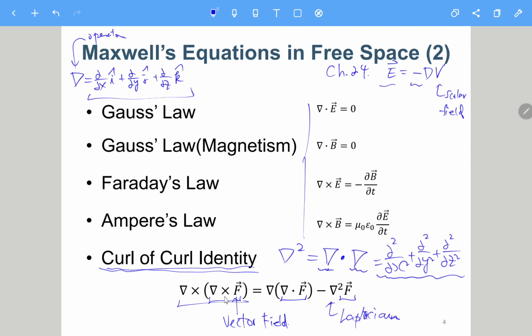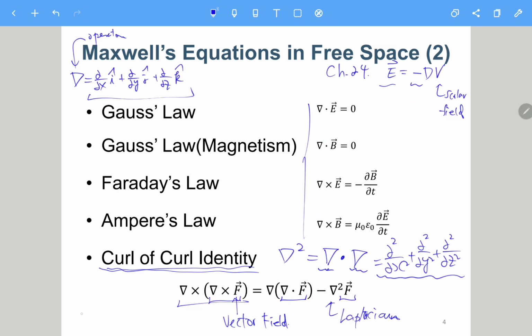The calculation is not so difficult. The only thing you need to do is to remember this gradient operator, and then you can calculate the cross product and calculate the curl two times. So you get the expression of what it should be.